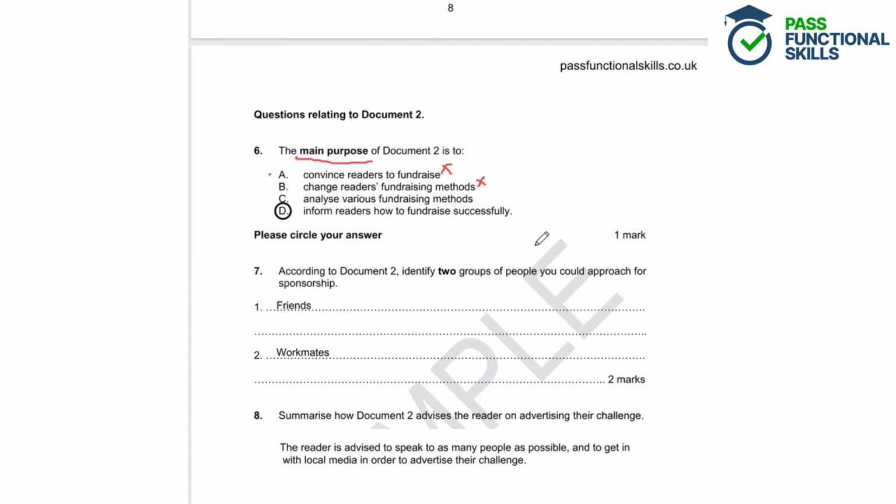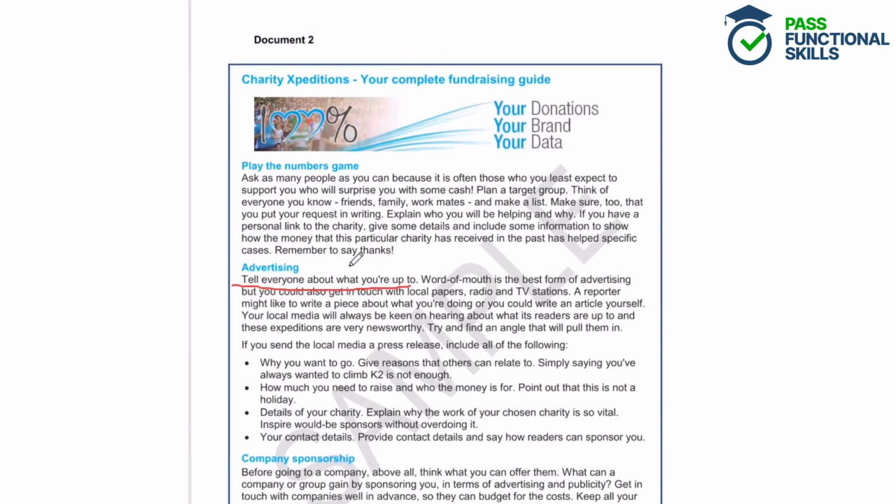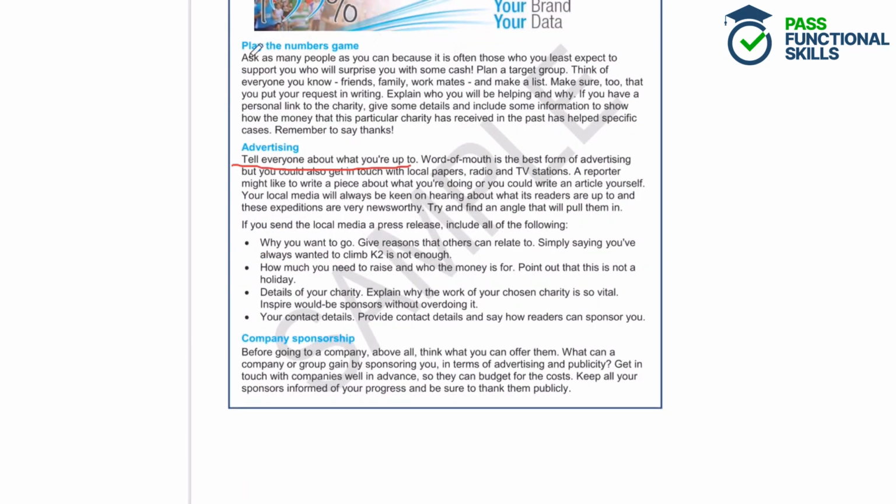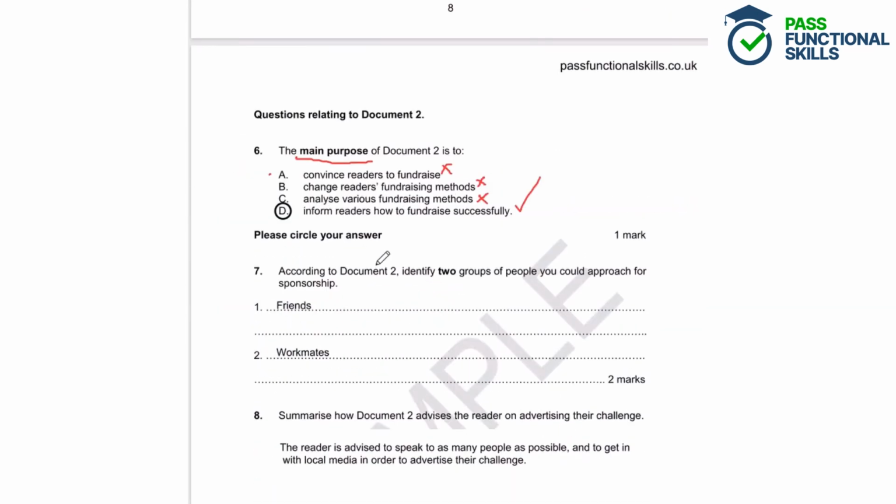So it's not really analysing the various fundraising methods here. D. Inform readers how to fundraise successfully. Well, it's definitely doing that. It's giving lots of commands, telling them that they should ask as many people as possible, plan a target group. It's giving them information and advice on how to fundraise successfully.